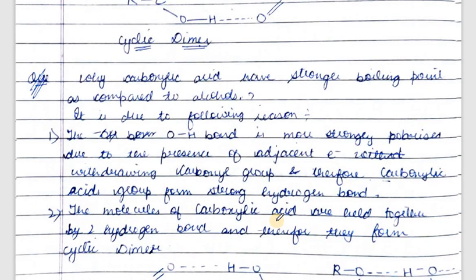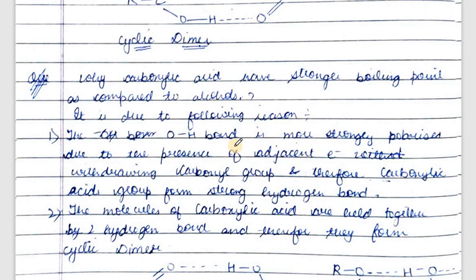So next question comes, why do carboxylic acids have higher boiling points than the alcohols? We have already done that alcohols also have higher boiling points because they also have hydrogen bonding. But in carboxylic acids, the hydrogen bonding is still stronger, so carboxylic acids have higher boiling points than the alcohols.